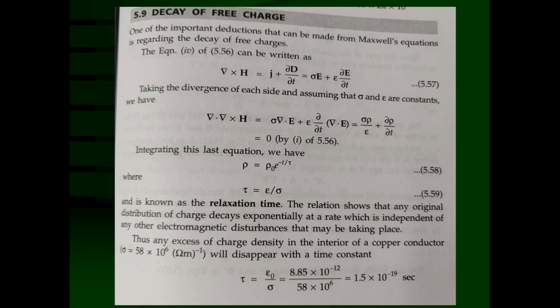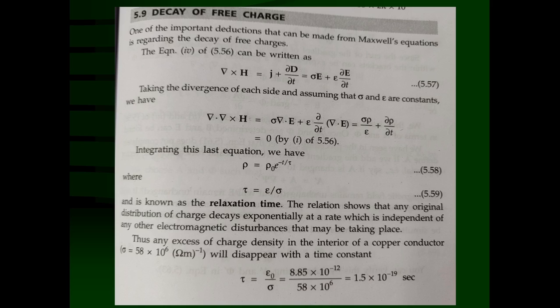Using Maxwell's equations, we are going to study the next point, that is 5.9, decay of free charges. One of the important deductions that can be made from Maxwell's equations is regarding the decay of free charges.